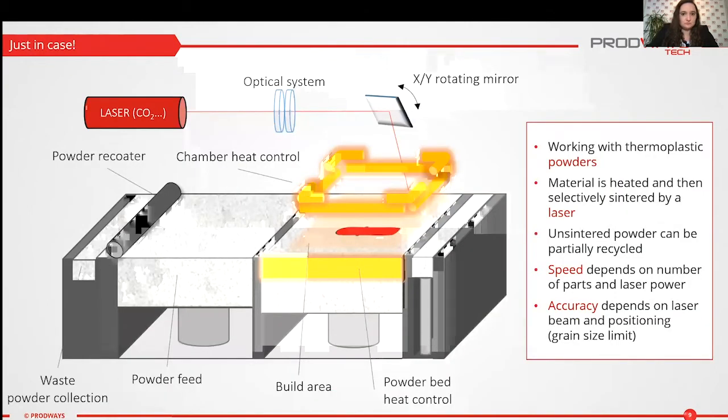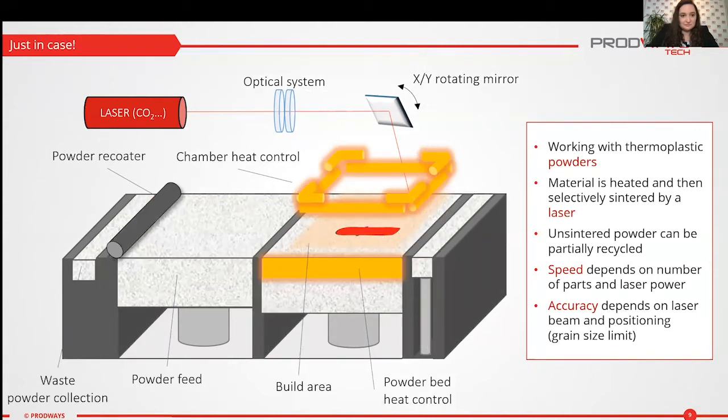Again, we showed the principle, and I'm sure that most of the people in the audience are familiar with SLS. Just four key points that will help us understand what needs to be optimized and what is really particular about the SLS process. The first point, obviously, is that we're working with thermoplastic in a powder form, and that's an important part in the process.